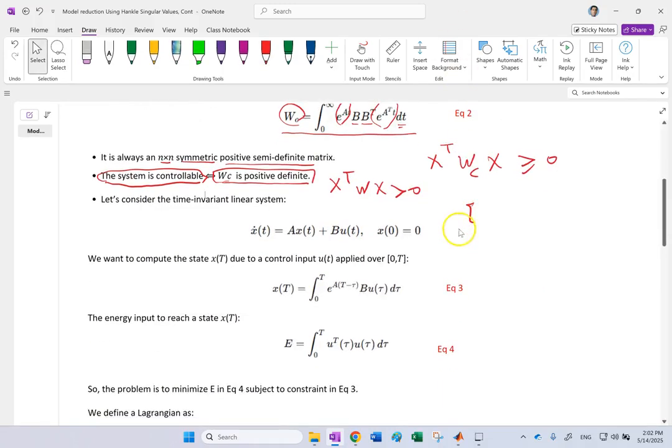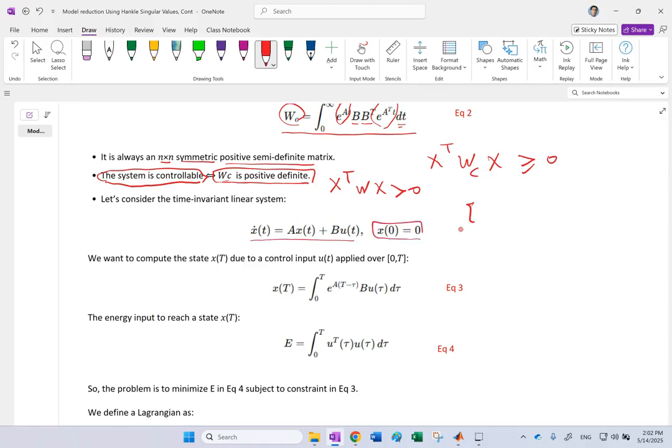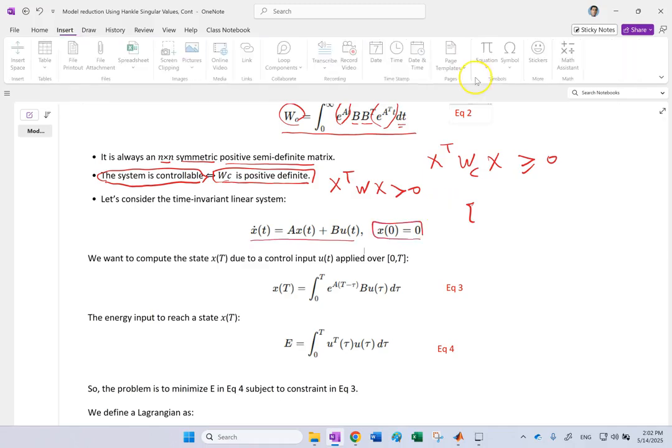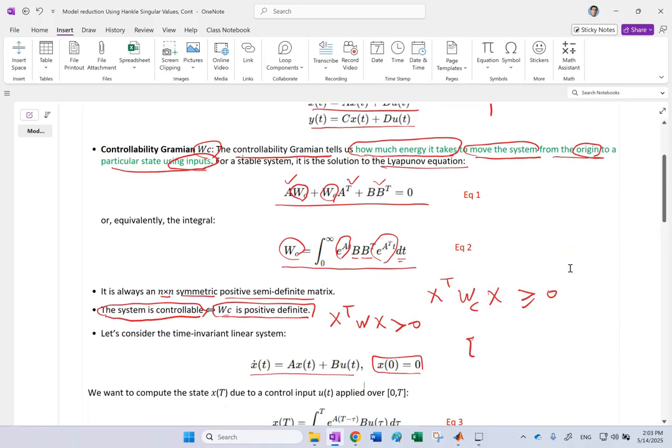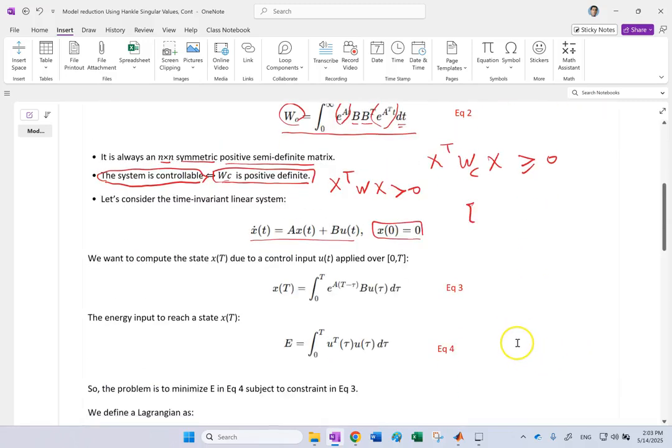So the way that you can formulate it is this. You say in this system that I want to start from the origin. Remember, in the definition of that, we say how much energy it takes to start from the origin and go to a state. So my initial condition is the origin. And then I want to move at time t, which is the horizon, to some state x of t.